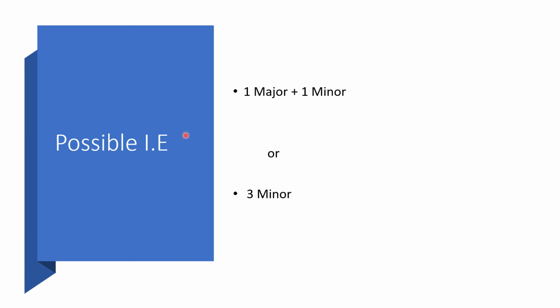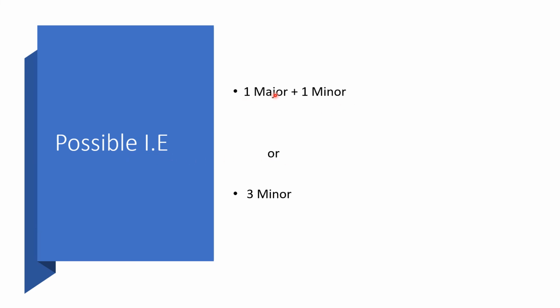Like I said in the beginning, when we're talking of modification, we need to say what is new. Possible infective endocarditis can now be one major with one minor. If that is the case, that is a possible infective endocarditis.